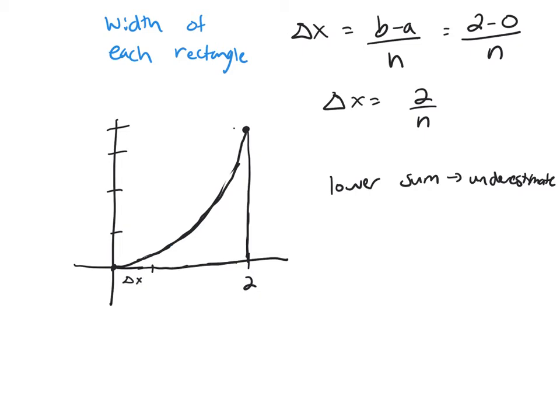Which one is going to give me an underestimate, my left endpoints or my right endpoints? Well, it's going to be your left endpoints, because this first one would have height 0. But if I go out another distance of delta x and pick the left endpoint, my rectangle will be inside of my region. And so if I'm looking for an underestimate, i.e. a lower sum, I should look for the left endpoints.